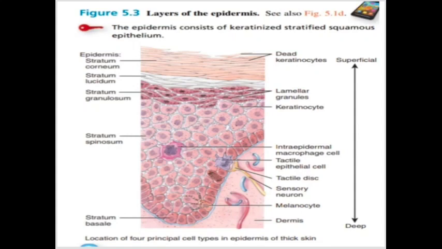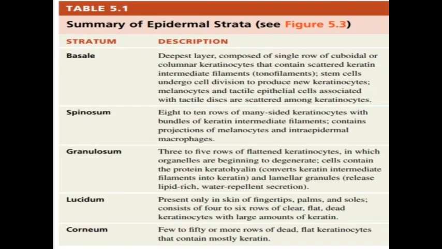So these were the different layers of the skin, and the cells of this epidermis start their journey from stratum basale. From stratum basale they come to stratum spinosum, from here to stratum granulosum where they undergo apoptosis, and then they shift to stratum lucidum, and from stratum lucidum to finally stratum corneum. It takes about 4 to 6 weeks for a cell to reach from stratum basale to stratum corneum normally.